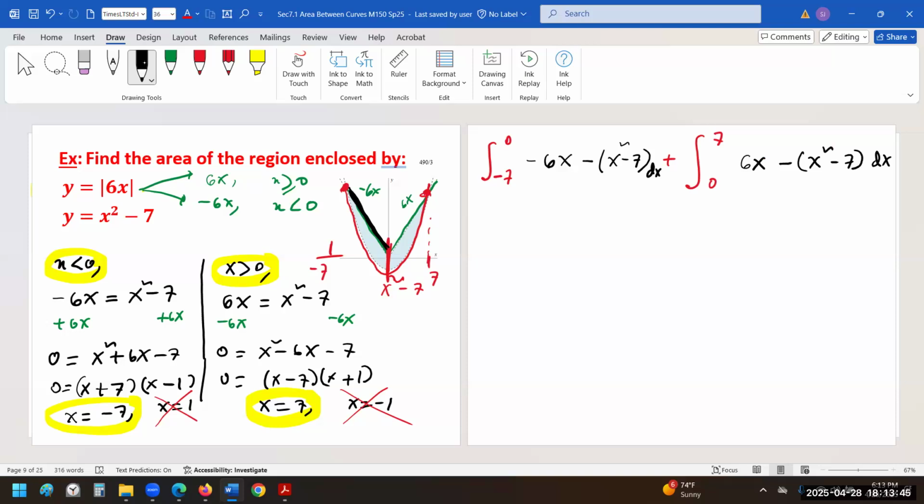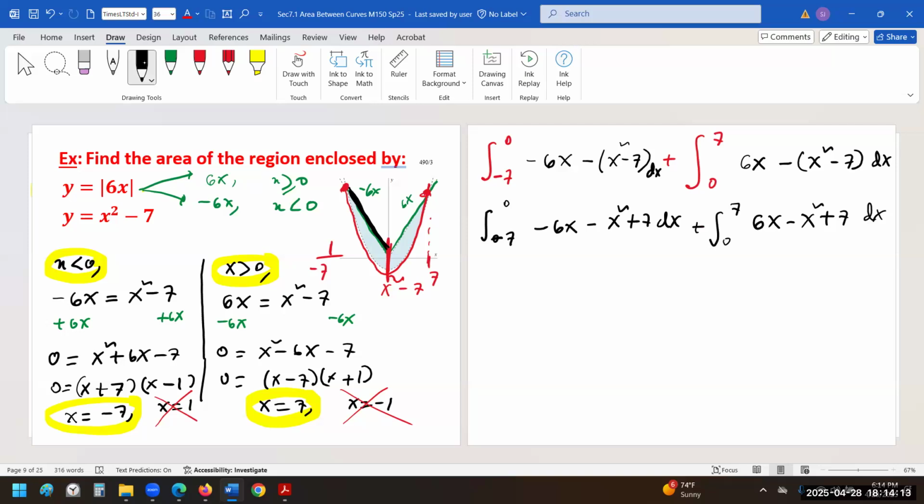The only difference is one has -6x, one has positive 6x. So from -7 to 0, -6x minus x squared plus 7. And here, from 0 to 7, positive 6x minus x squared plus 7 dx.